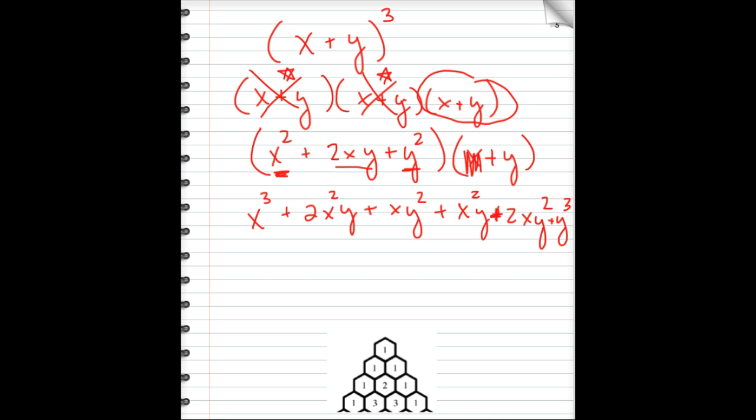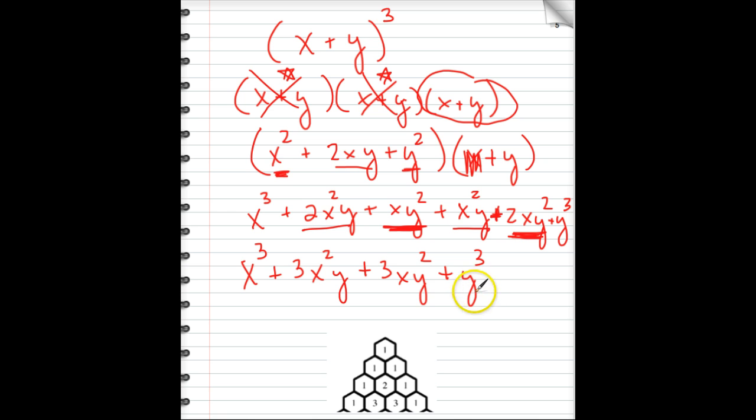Now, what we're going to do here is see if we have any like terms to combine. Down yonder we have 1x squared y. That's a total of 3x squared y. Here we have an xy squared, and down further we have 2xy squared. That's a grand total of 3xy squared. And then we have the y cubed hanging out at the end.